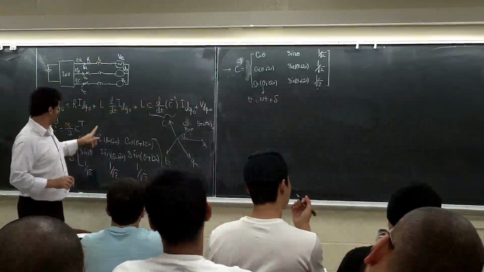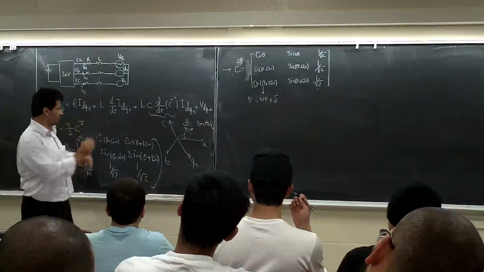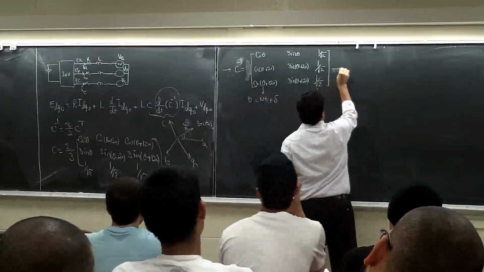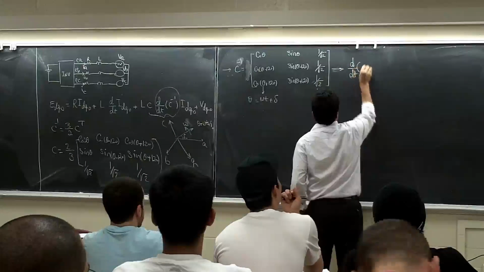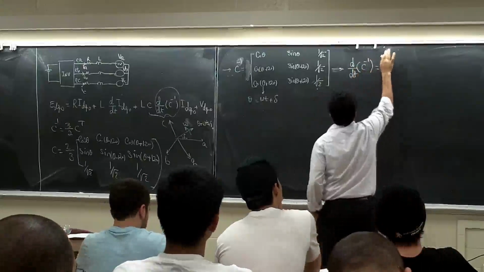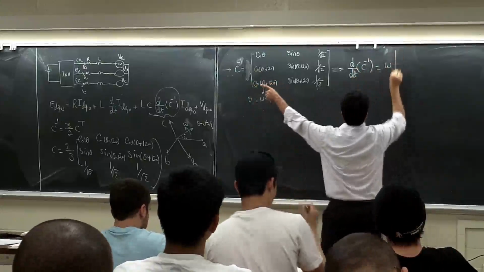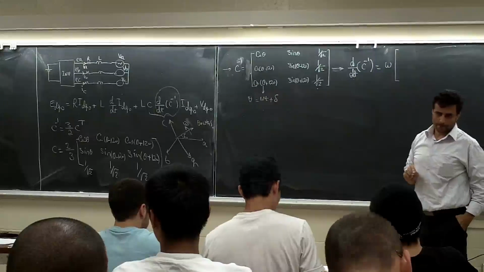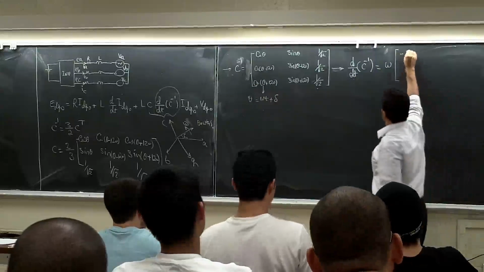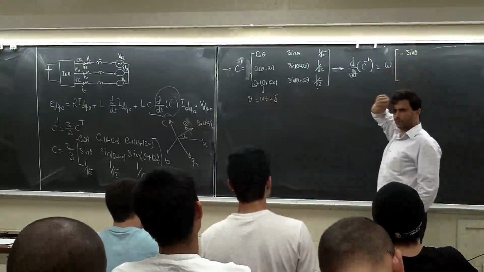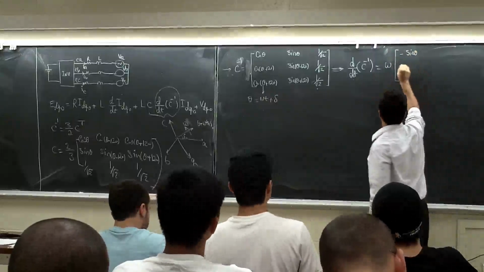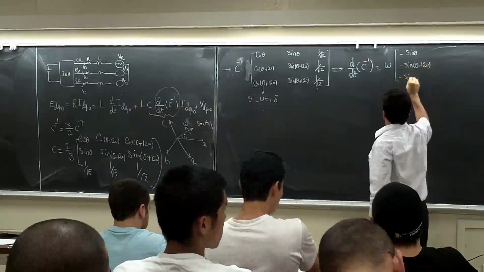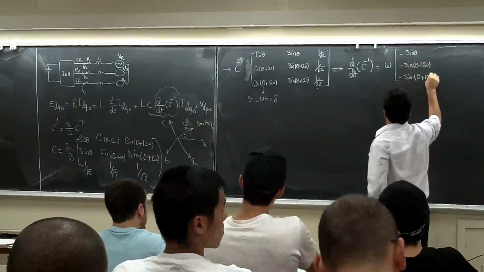So how much is the d over dt of C minus, this part? How much is this part? D over dt of C minus is going to be omega times. What's the derivative of cosine of omega t? It was minus sine, right? Derivative of cosine was minus sine.